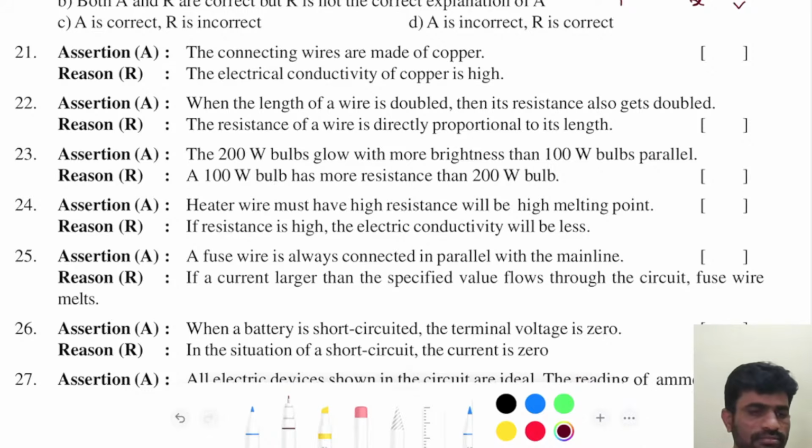So question number two is also true. Resistance is directly proportional to the length. That is true, and the reason is the correct explanation of assertion.